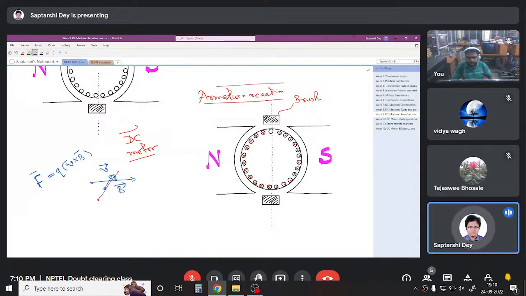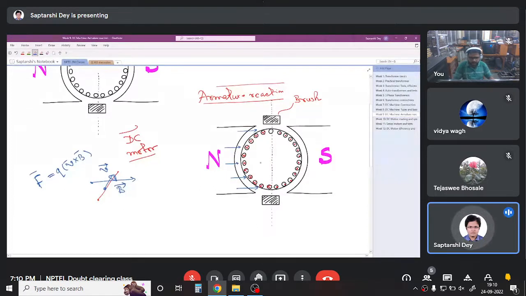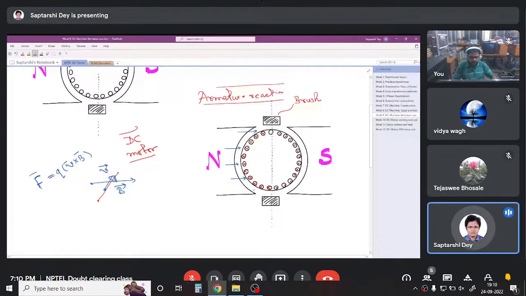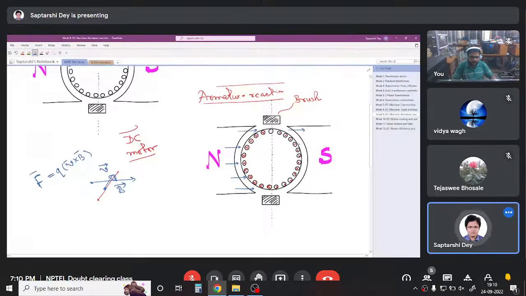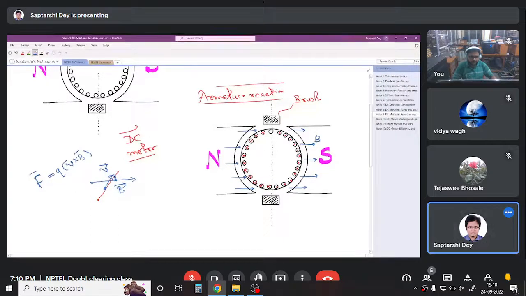I will draw B with blue. The B means the magnetic field due to the field winding. They are horizontal, in the way we have drawn. Coming out of the North Pole, going into the South Pole. This is the B of field. Let me write BF.